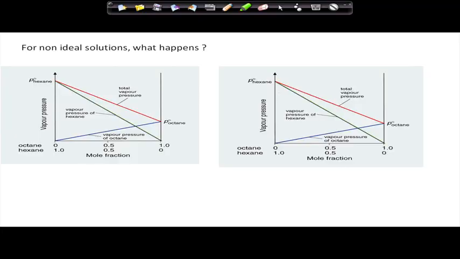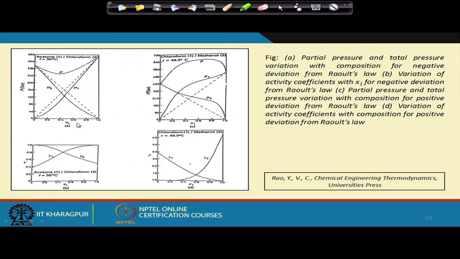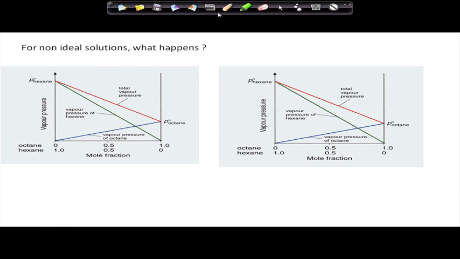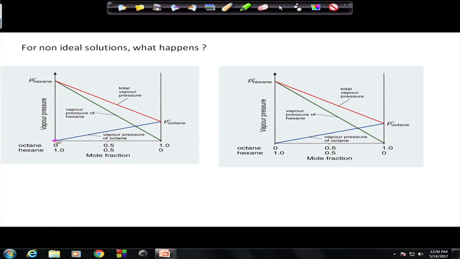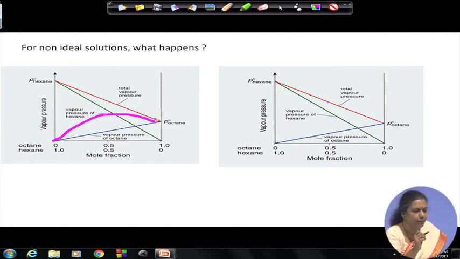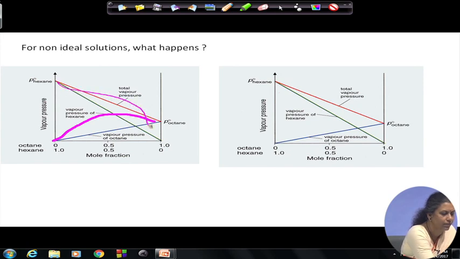We can find that the pressure is actually higher than the... there can be two things. One is that the vapor pressure can be higher than that calculated from the ideal solution model. It can be the same for all the cases.